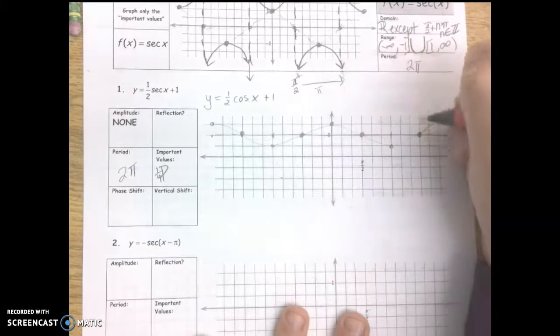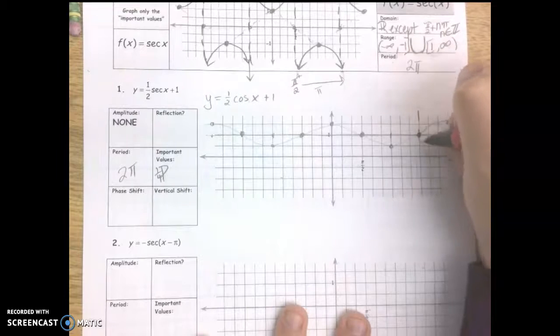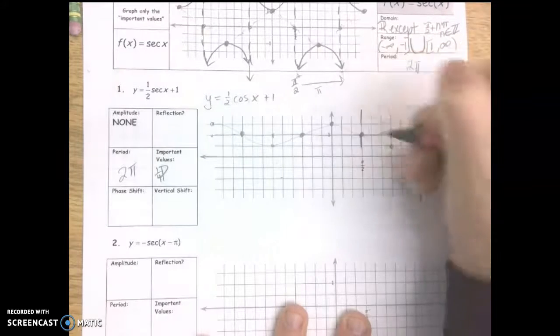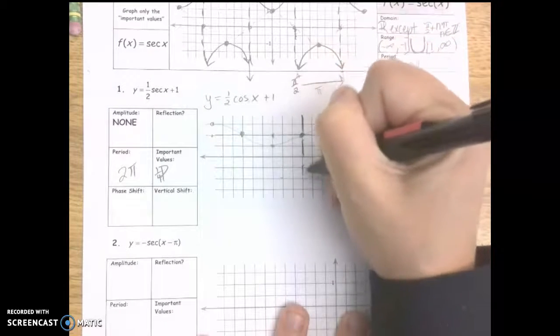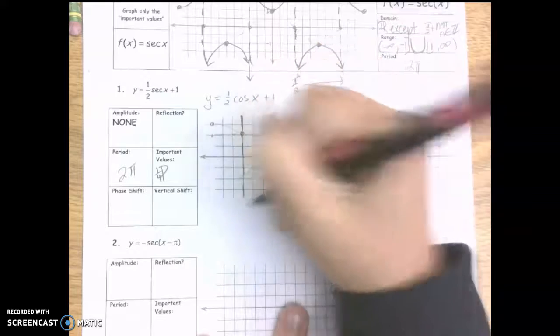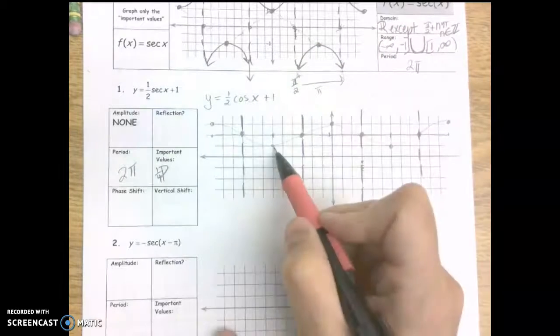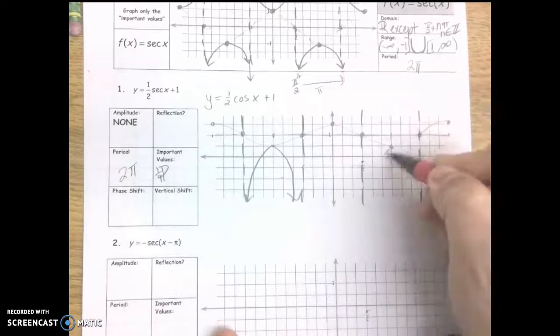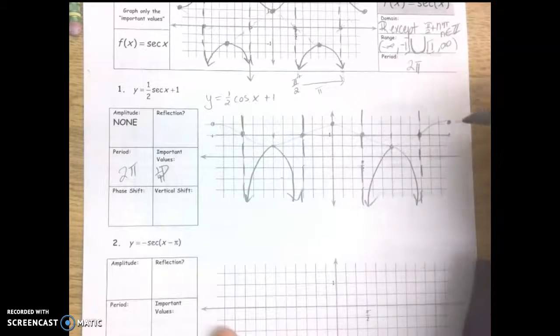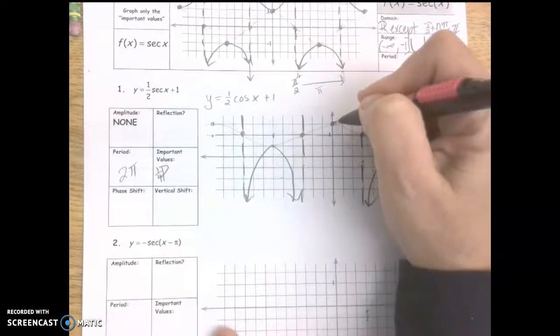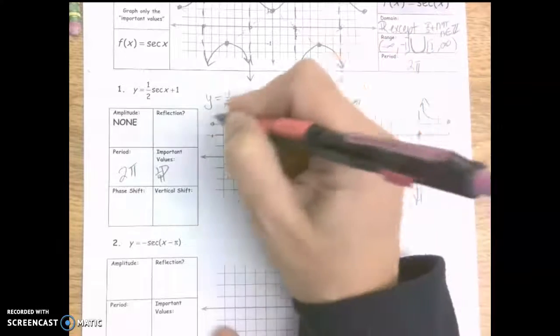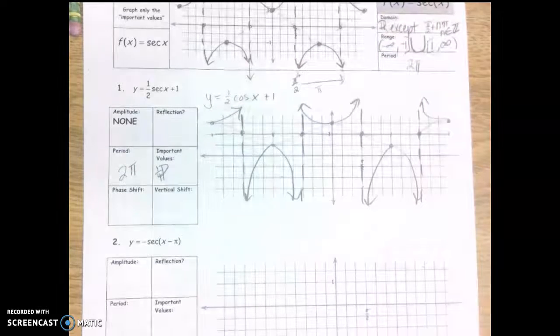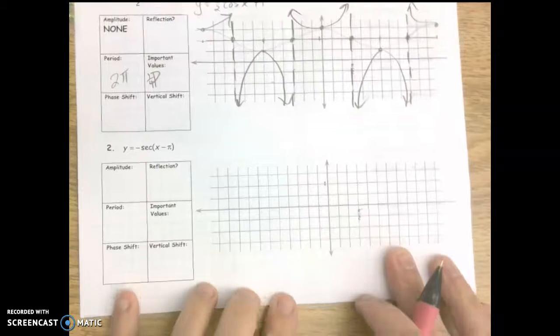Everywhere this function crosses the midline, there is an asymptote. And at every minimum, I'll have a secant bowl that goes down. And at every maximum, I'll have a secant bowl that goes up. And that is the secant graph.